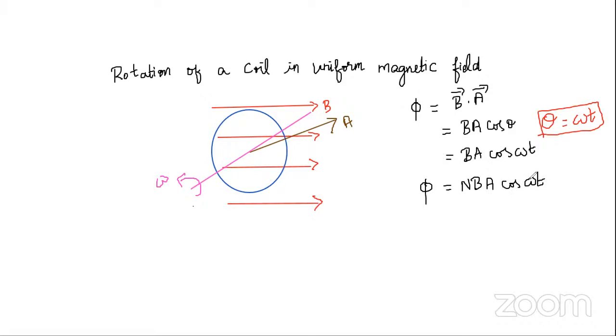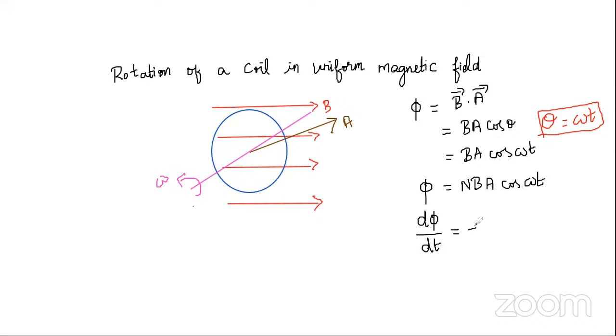Due to the rotation of the coil, there is a change in magnetic flux linked with the coil. So what is the change in magnetic flux? d phi by dt. You need to differentiate this.